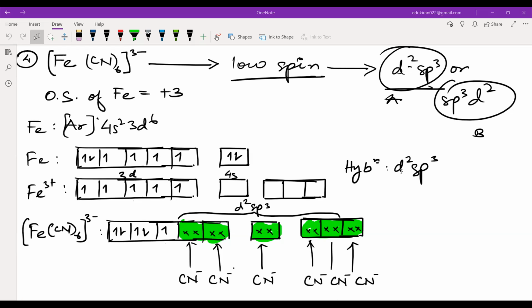At the end of the chapter we will have learned crystal field theory, which predicts whether something is low spin or high spin on the basis of the ligand. Then you will not need to be told; you can directly see the ligand and say what is going to happen.